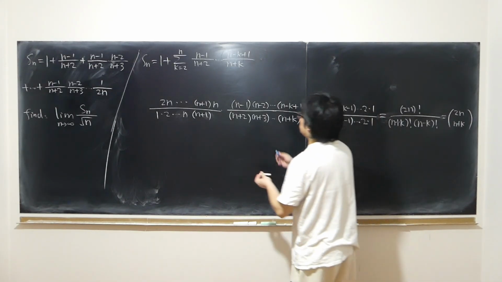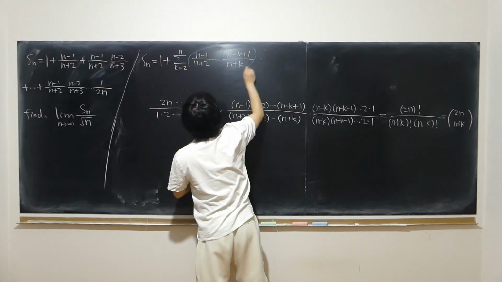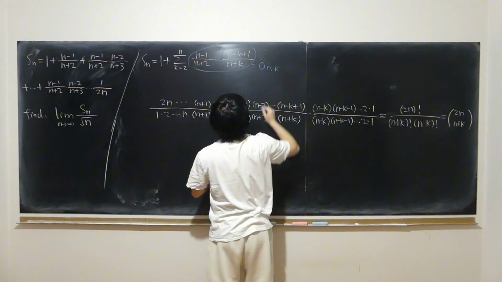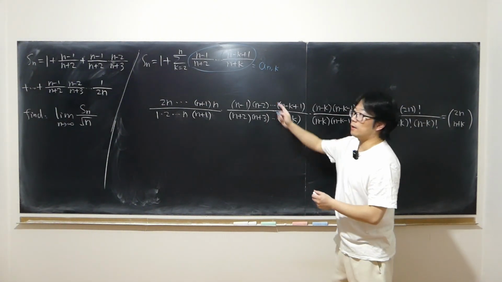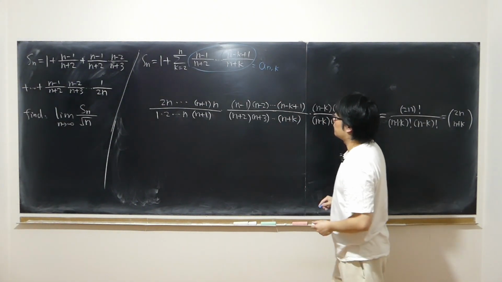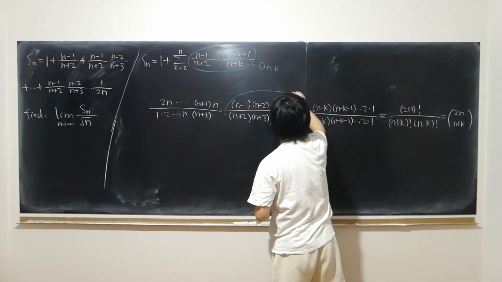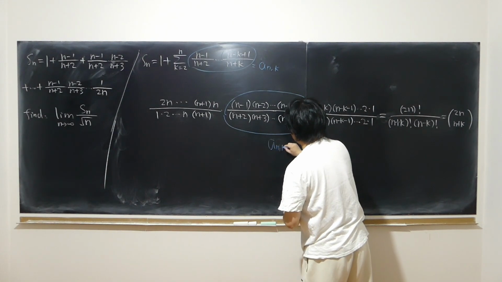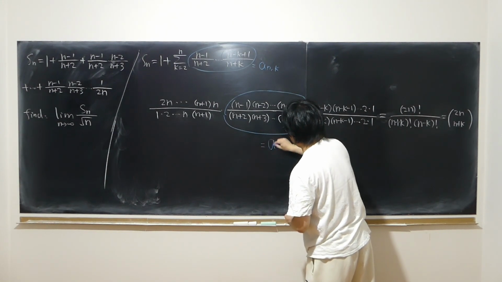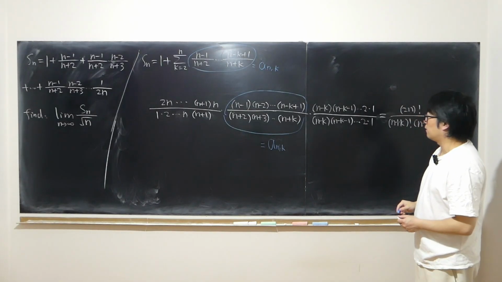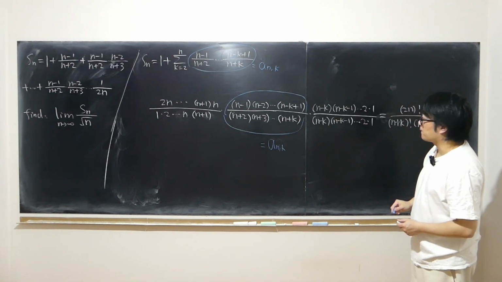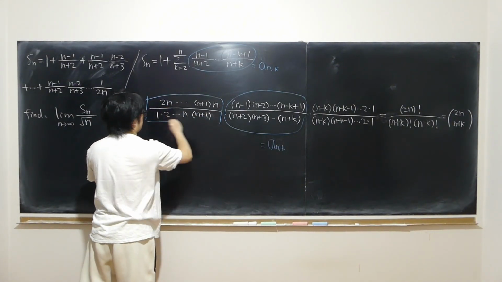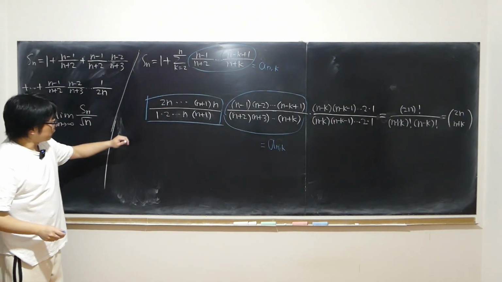I can denote it as A n,k, determined by both of them. So how can I rewrite A n,k? Notice, this should look familiar.